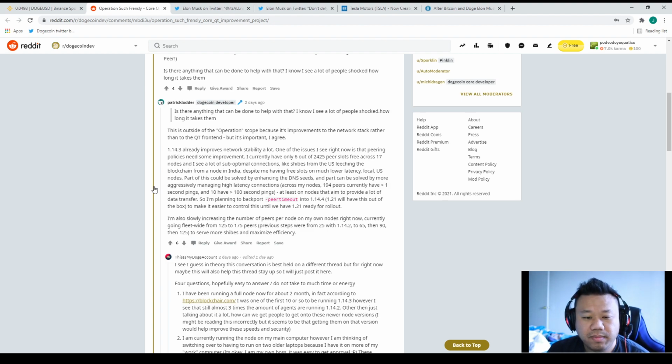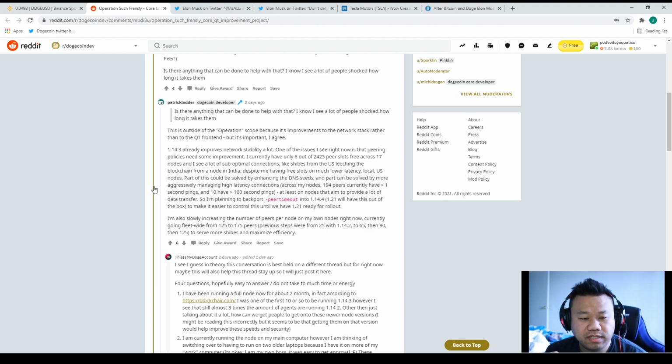"194 peers currently have greater than 1 second pings, and 10 have greater than 100-second pings, at least on nodes that aim to provide a lot of data transfer. So I'm planning to backport peer timeout into 1.14.4. 1.21 will have this out of the box, to make it easier to control this until we have 1.21 ready for rollout.